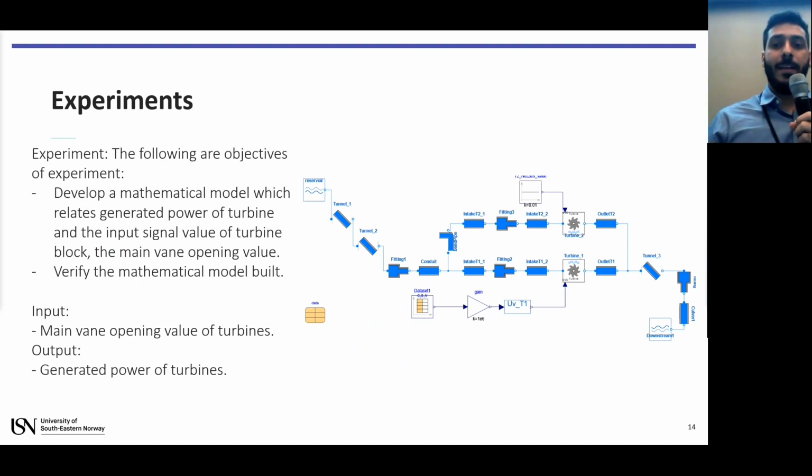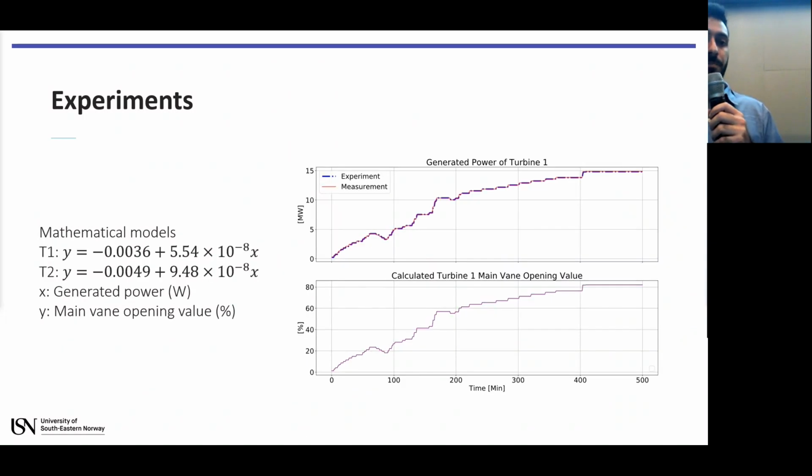The idea here is to develop the mathematical model which relates the generated power to the input signal in the turbines. This input signal is the main opening valve of the turbines, while the output is just the generated power of the turbines.